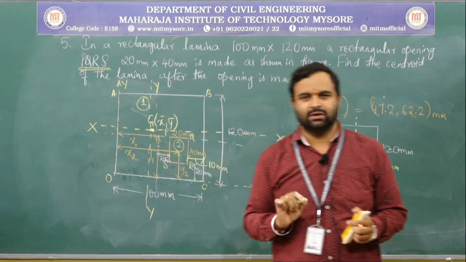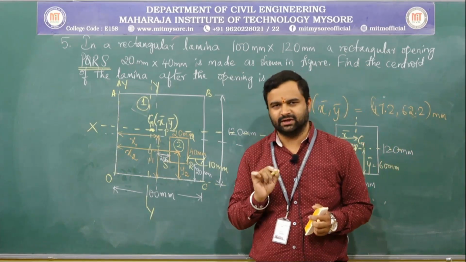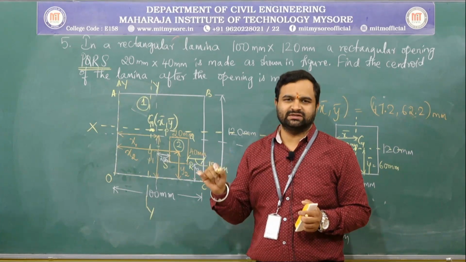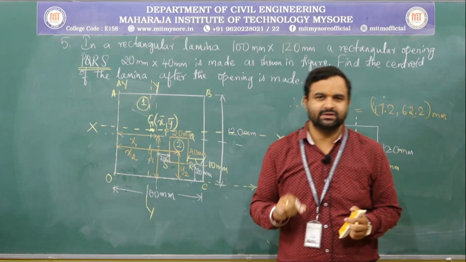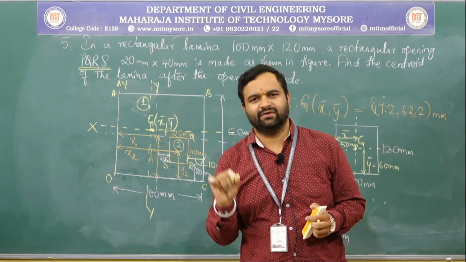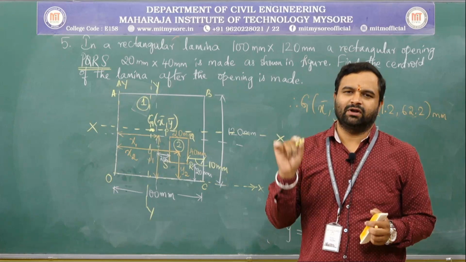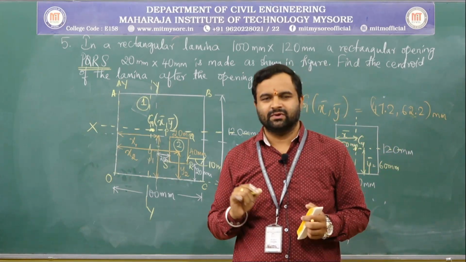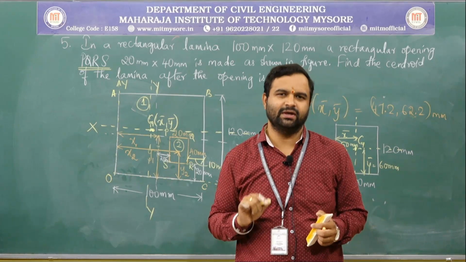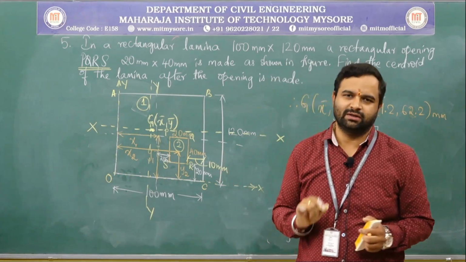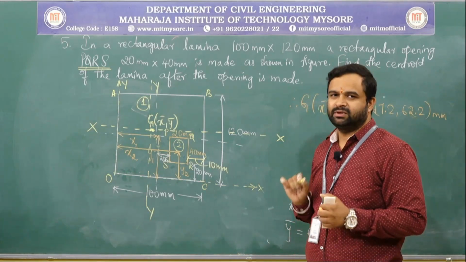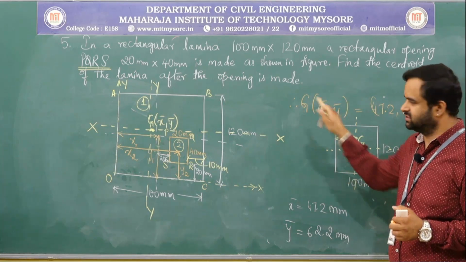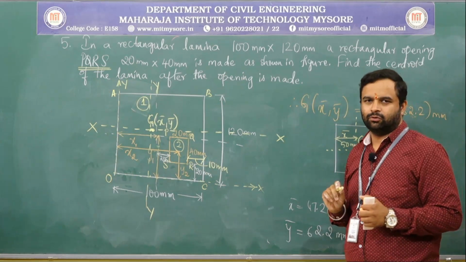Please note this, it has to be written with a negative sign, and whether the coordinate values x and y are written with a negative sign is dependent on the reference axis and the coordinate axis. Whenever you choose the coordinate axis according to your convenience and measure the distances of x and y, then depending on that you have to write the signs of x and y. Please be very careful regarding the regular section and the section with an opening made. I hope this is clear.